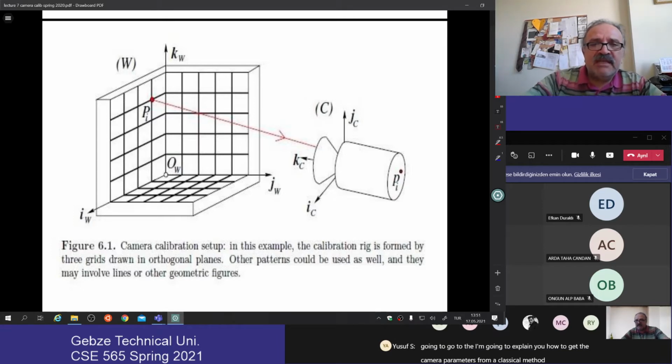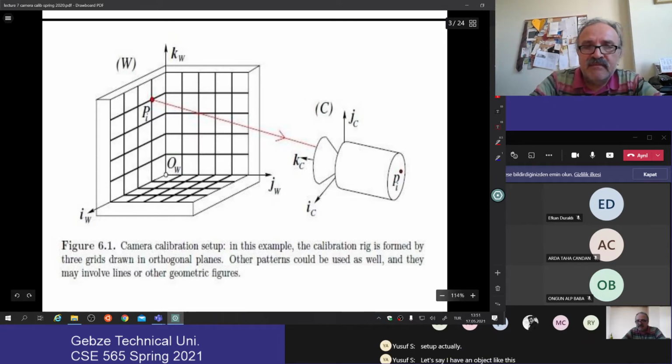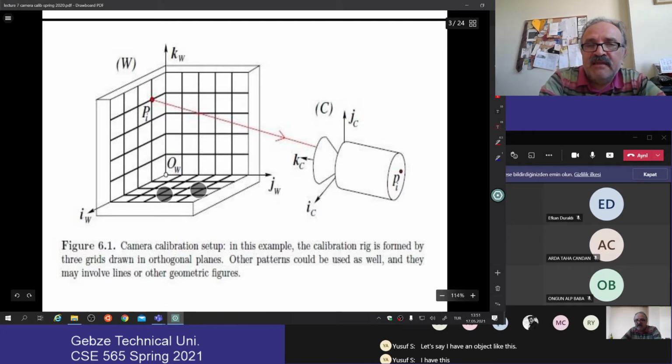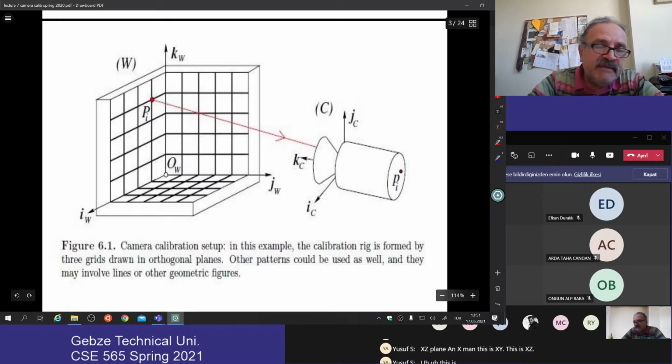So this is our setup. Let's say I have an object like this. This object is the calibration object, a three-dimensional object. I have this XY plane, XZ plane, and YZ plane.